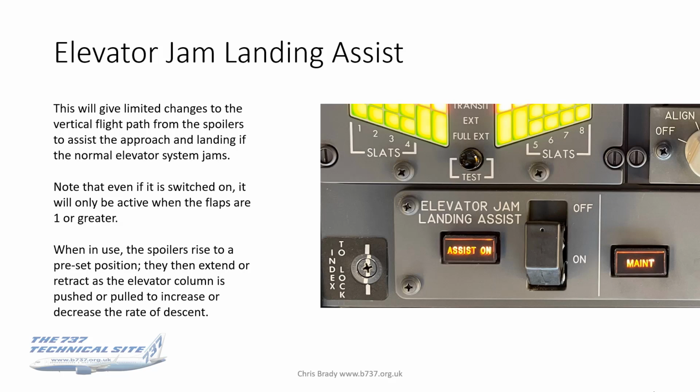Yeah, it could raise them a bit more, which would help you descend a bit more, but you can't get the opposite effect. So that's why they rise to this new datum, so that they can both extend and retract as the control column is pushed or pulled to increase or indeed decrease your rate of descent. So that's what this is about.